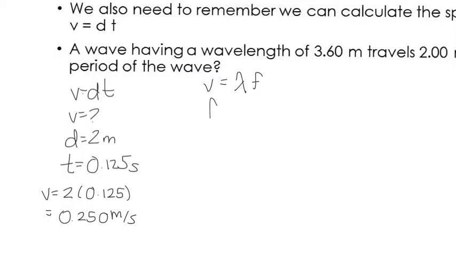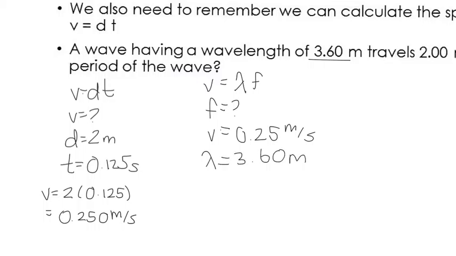So F is what we're looking for. V is what we just found. The wavelength is what's given up here, is 3.6 meters. Okay, I just want to solve for our frequency.